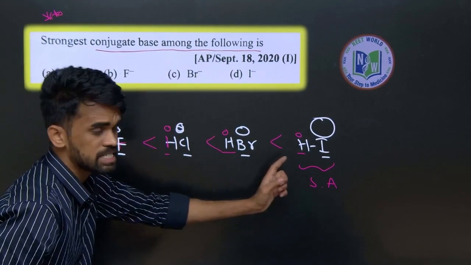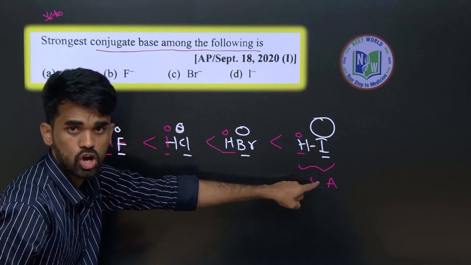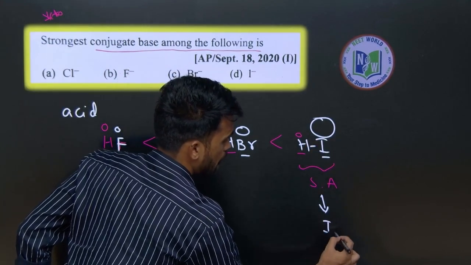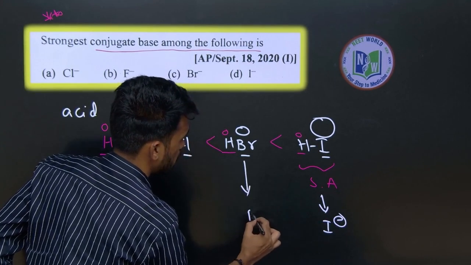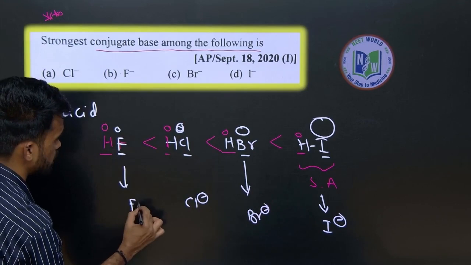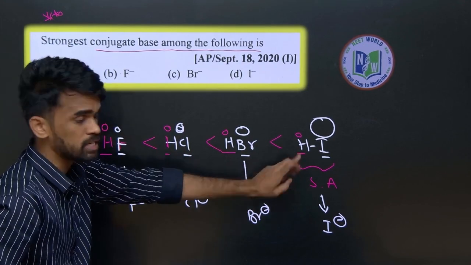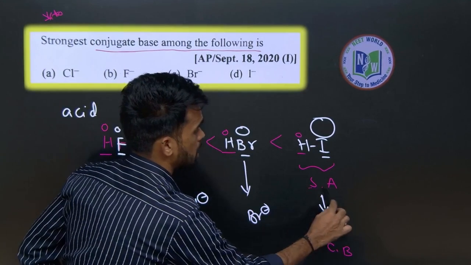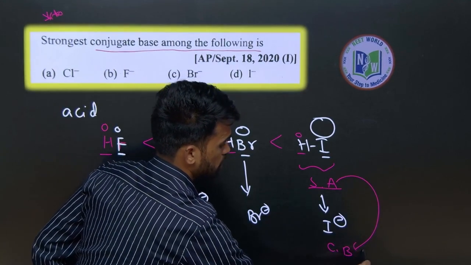If this is a stronger acid, what about its conjugate base? The anionic part will be iodide ion, here bromide ion, here Cl minus ion, and here F minus ion. What I told you: the conjugate base of a strong acid will be weaker.